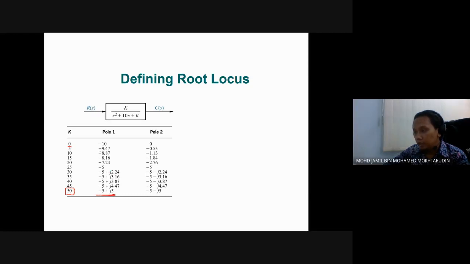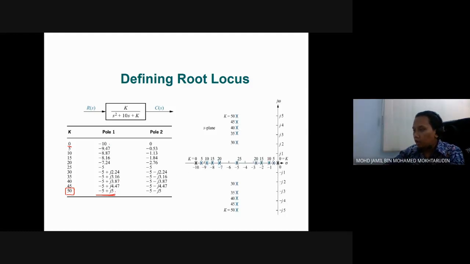Here you will see that the pole from minus 10 becomes minus 5 plus j5, and the second pole from 0 to minus 5 minus j5. So when you vary the value of K, the poles change from one value to another, but they will reach some constant value.